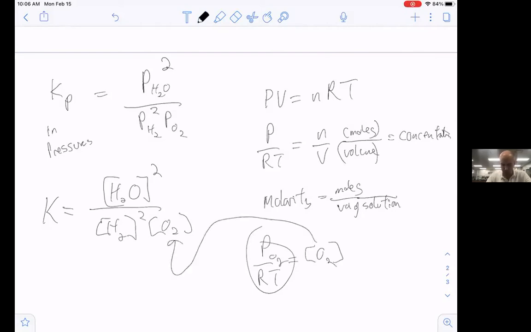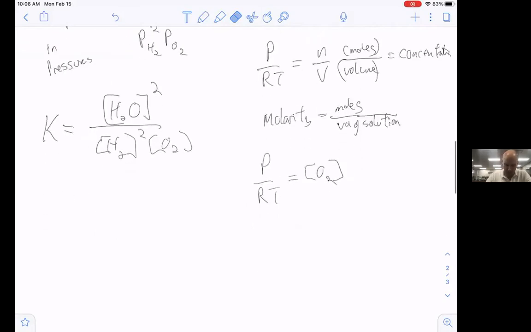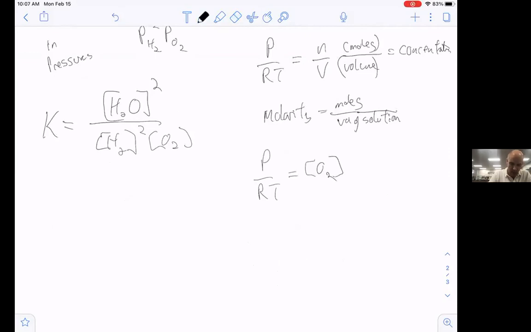So I could substitute all of that in with pressures instead of molarity. So if I did that, I could relate Kp to K with the following equation. Delta n is the change in moles from products to reactants.